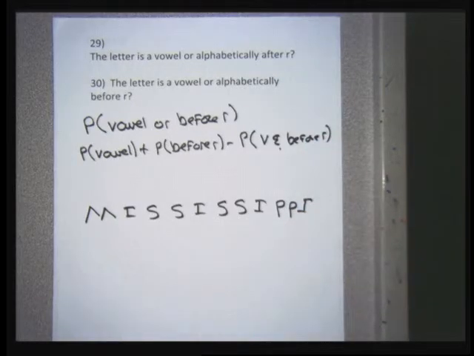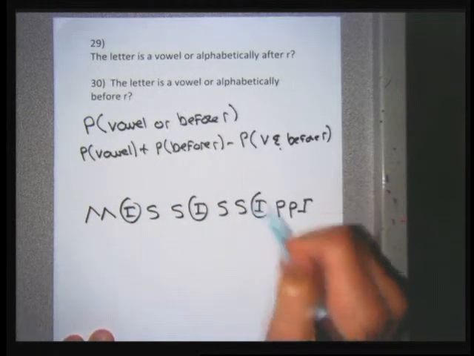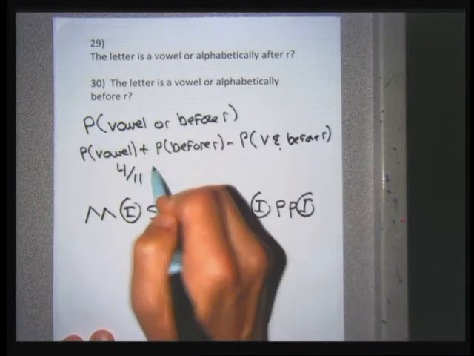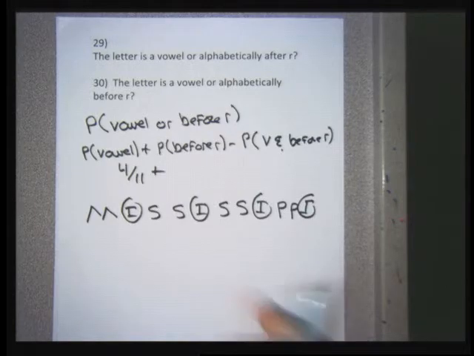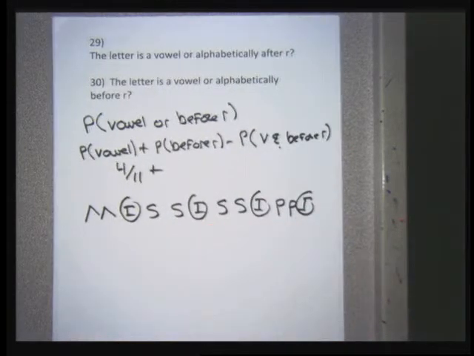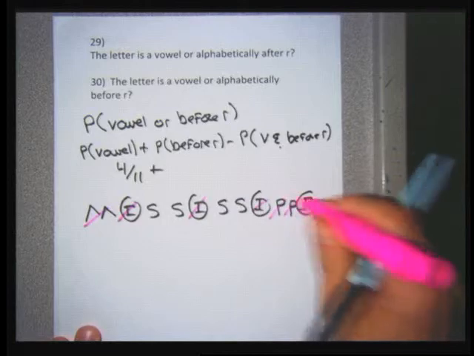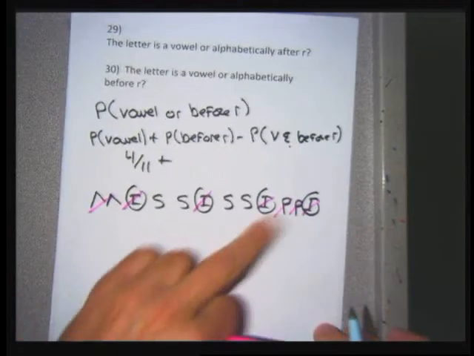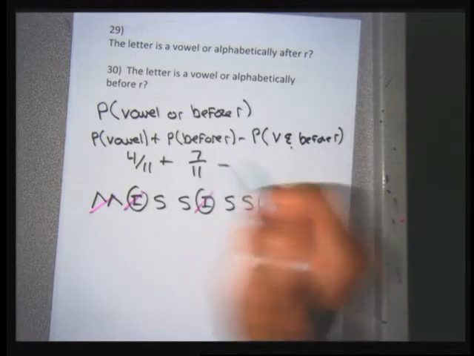So for the vowels, again, the vowels are just the I's. They're the only vowels. The probability of getting a vowel is 4 in 11. And then before R, Q, R, S. The S isn't before R, but the rest of the letters are alphabetically before R. So the M, the I's, and the P's are alphabetically before R. So there's 1, 2, 3, 4, 5, 6, 7 letters that are before R alphabetically.